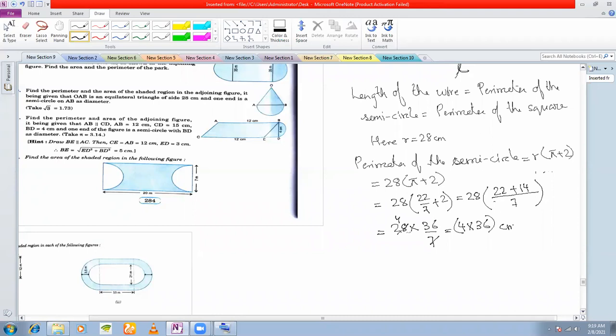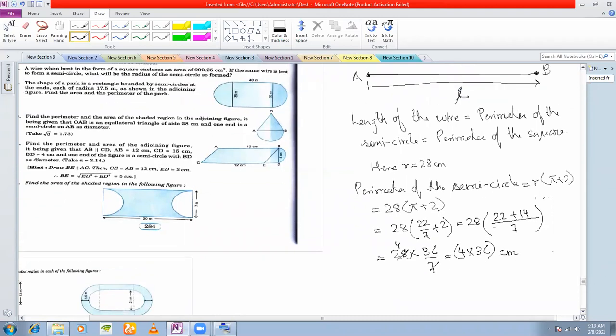This much centimeter. Now see, the length of the wire must be equal to the perimeter of the semicircle, which I have got as 4 into 36.